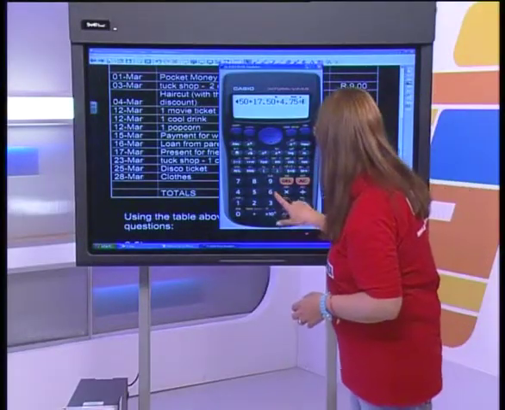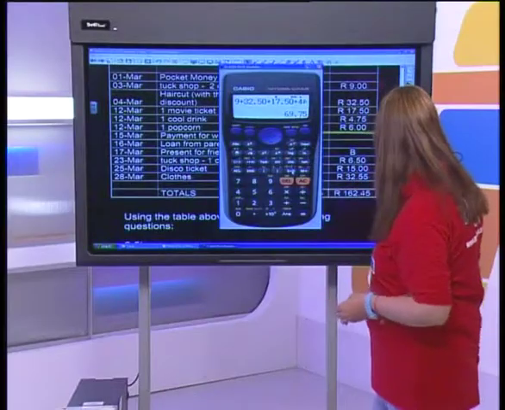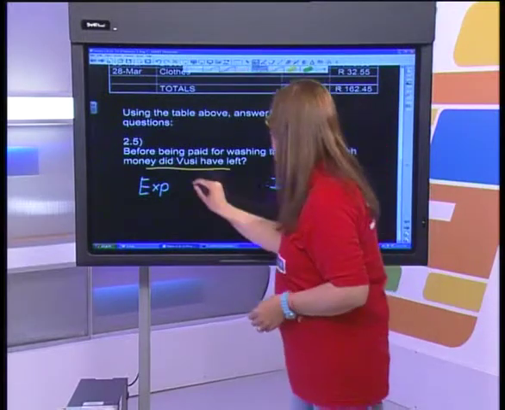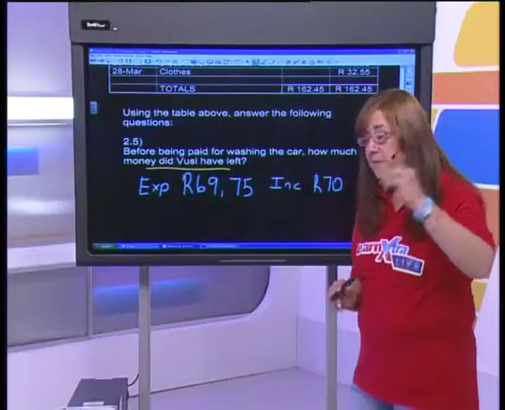And don't double them and make sure you've got all of them plus the 6 Rand. And I get a total of 69 Rand 75. Sounds a whole lot better. So his expenses, let's find our blue penny expenses, were 69 Rand 75. Oops, that's not a 7. 75. So now how much money did he have?